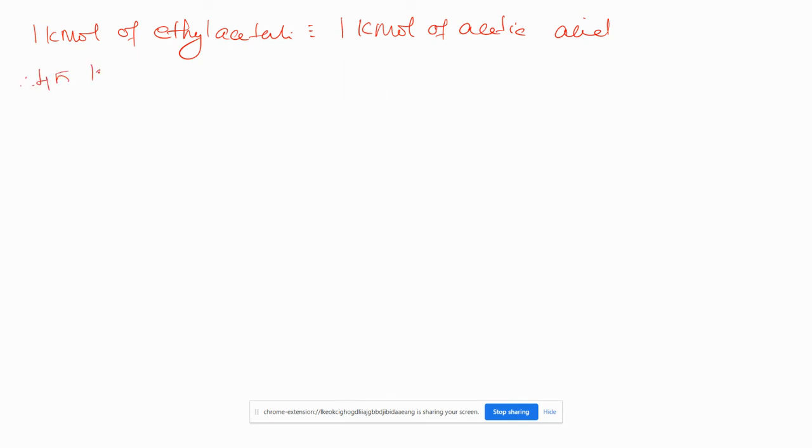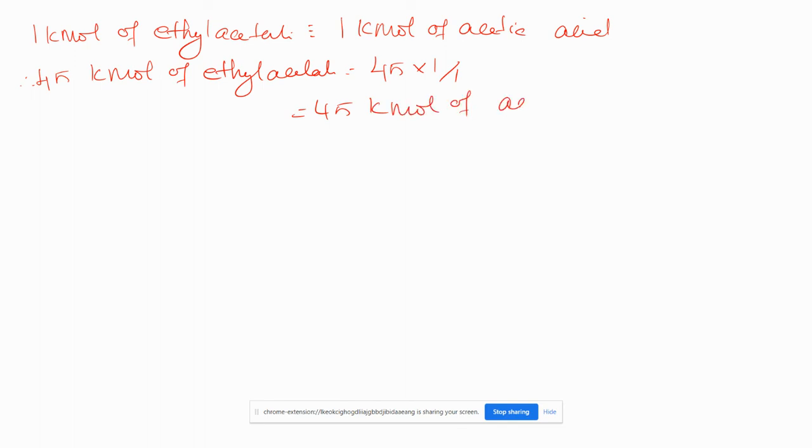Therefore, for 45 kilomole of ethyl acetate, you will have 45 into 1 by 1, that is 45 kilomole of acetic acid produced. So these are the two data they have asked, a very simple problem.